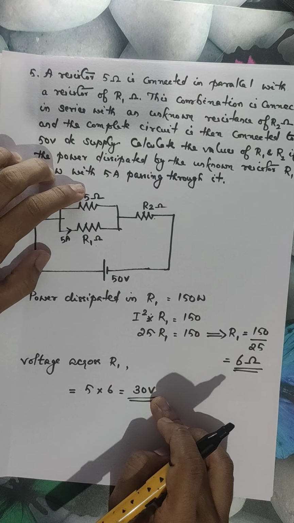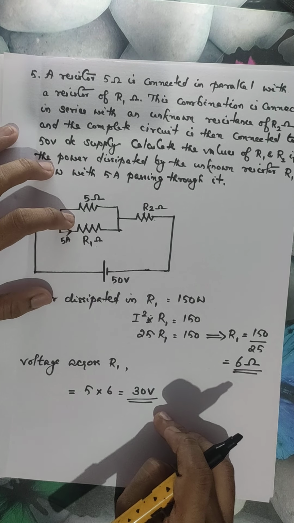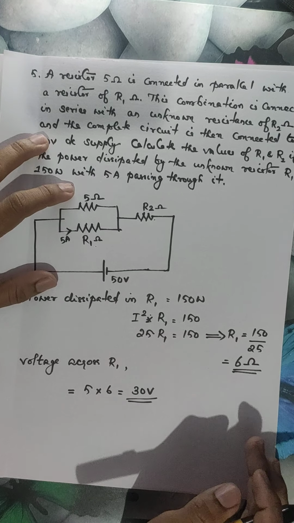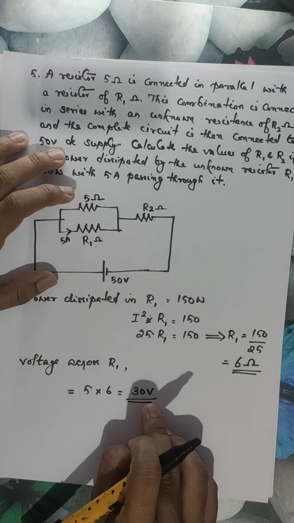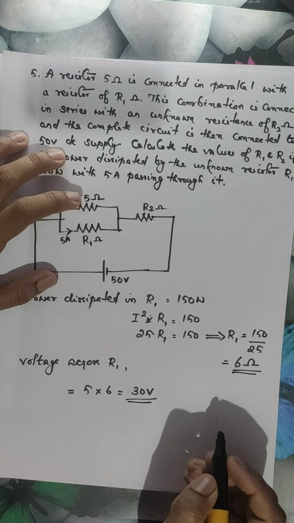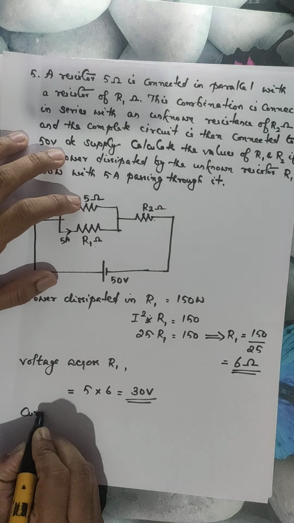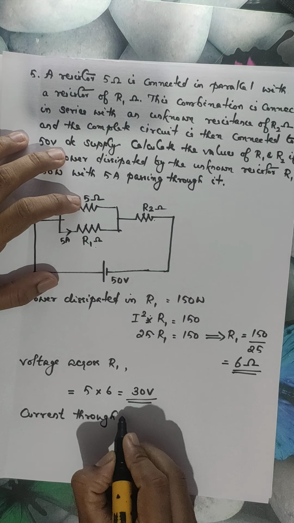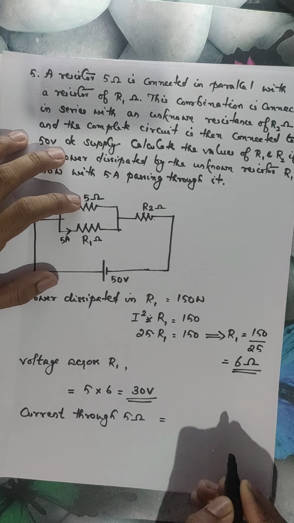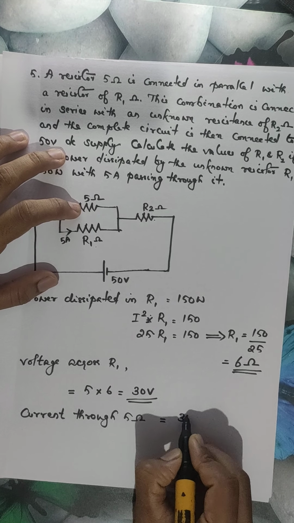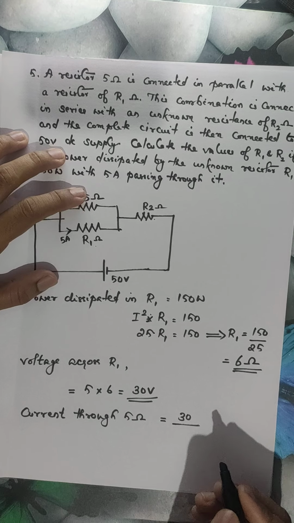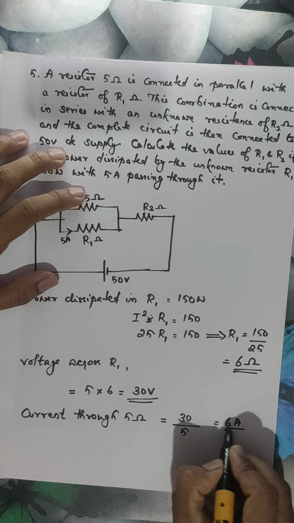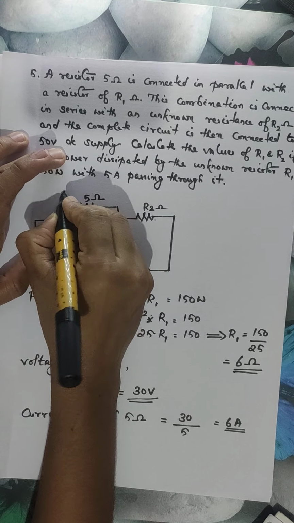This 5 ohm and R1 are in parallel, so voltage across R1 and voltage across 5 ohm will be the same. So voltage across this 5 ohm will also be 30 volt. We can calculate current through 5 ohm: V by R, 30 by 5, which is equal to 6 ampere.